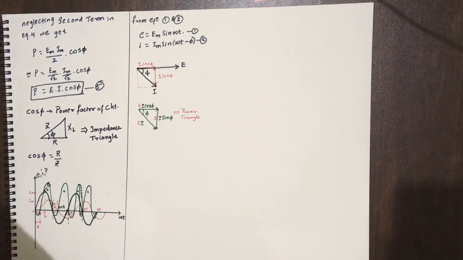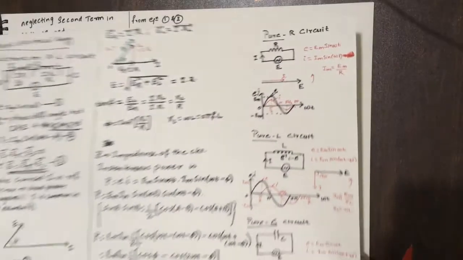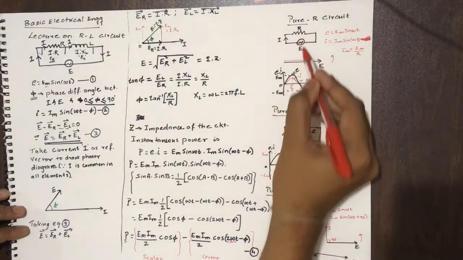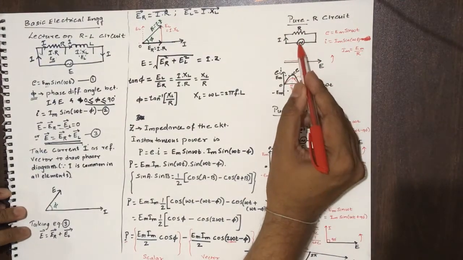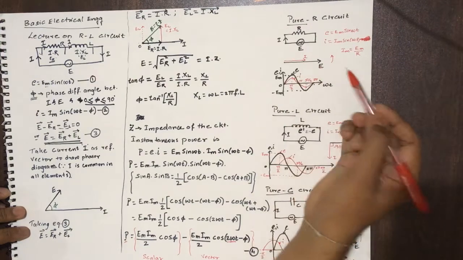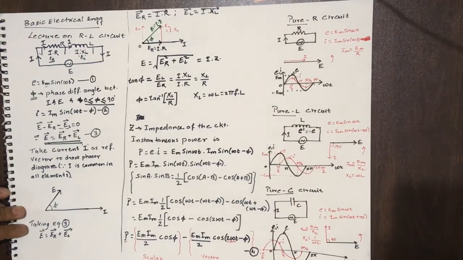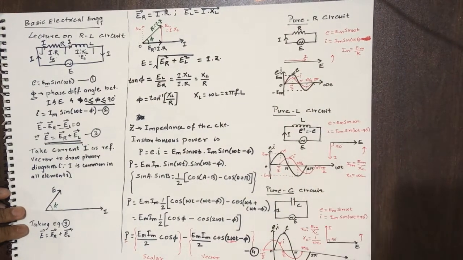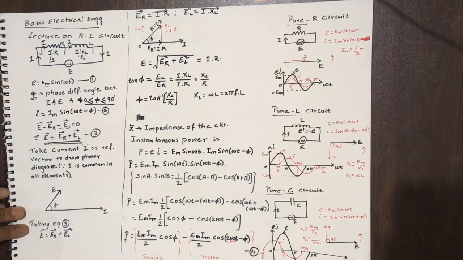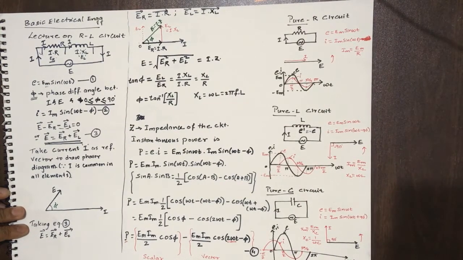When I see the fundamental circuit, the power dissipation occurs when current is in phase with the voltage. In these two cases, the current is not in phase with the voltage. So the current that remains in phase with the voltage is responsible for the power consumption or dissipation.